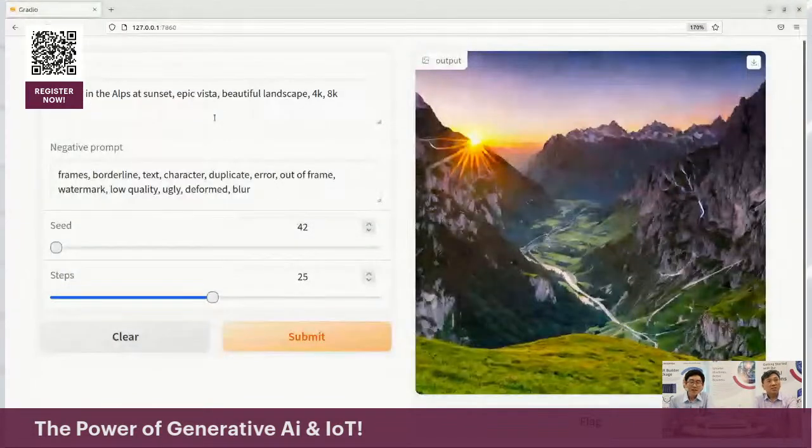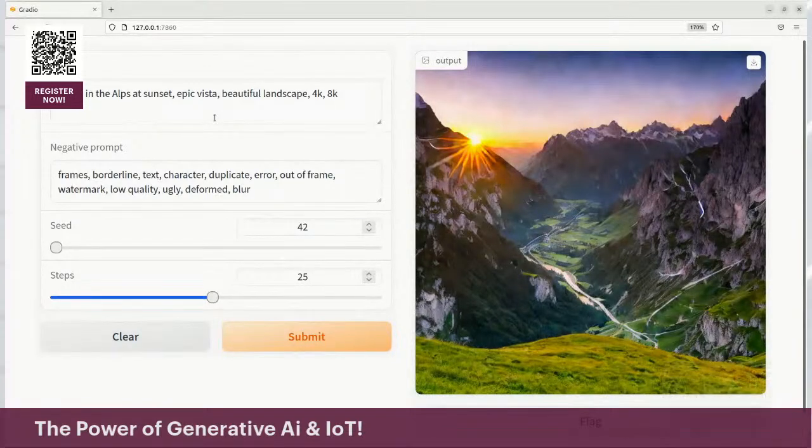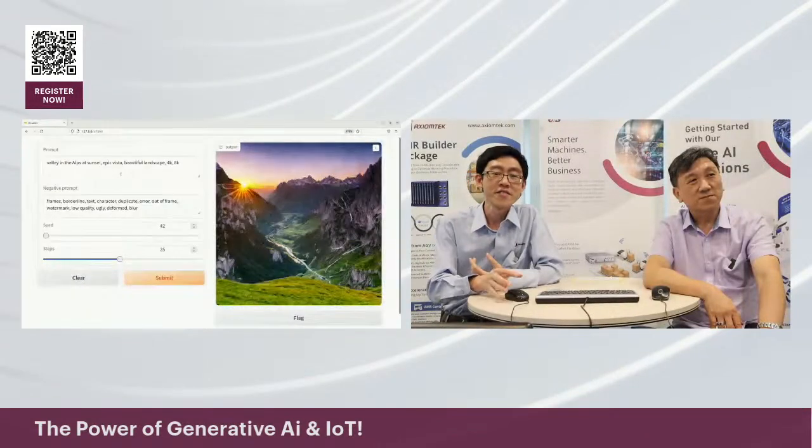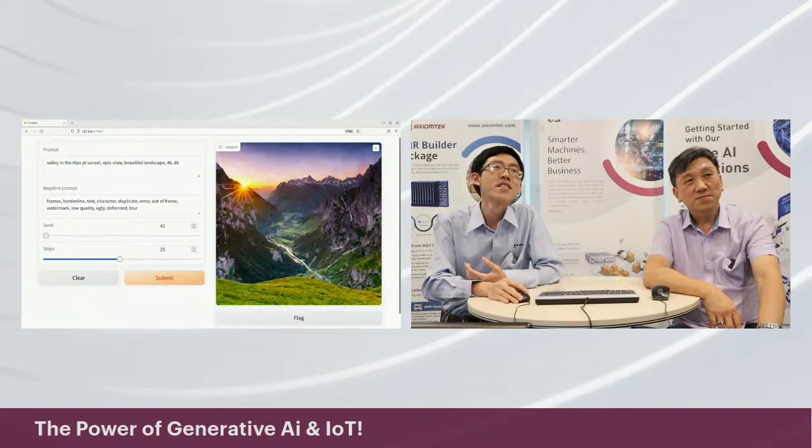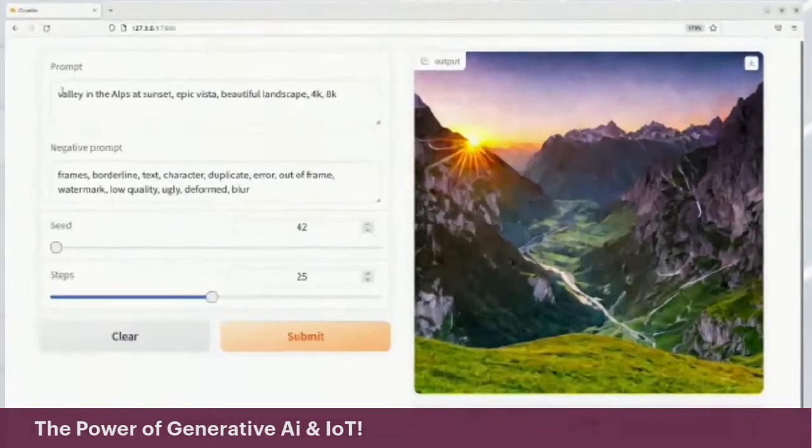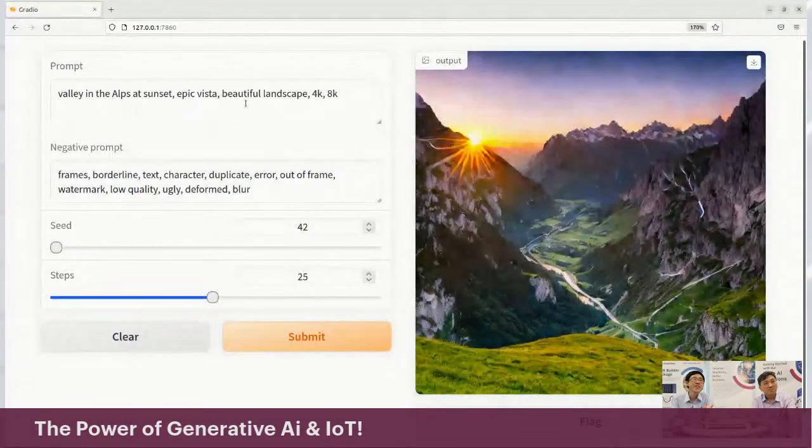Now you are looking at our generative AI, which can generate an image based on your prompt. The prompt here is some text you input, what you would like to see in the image.